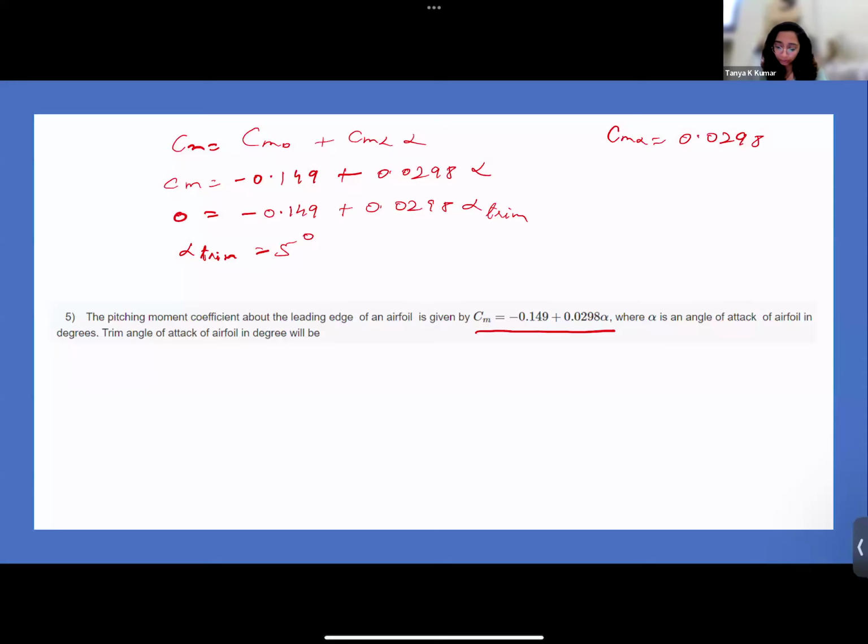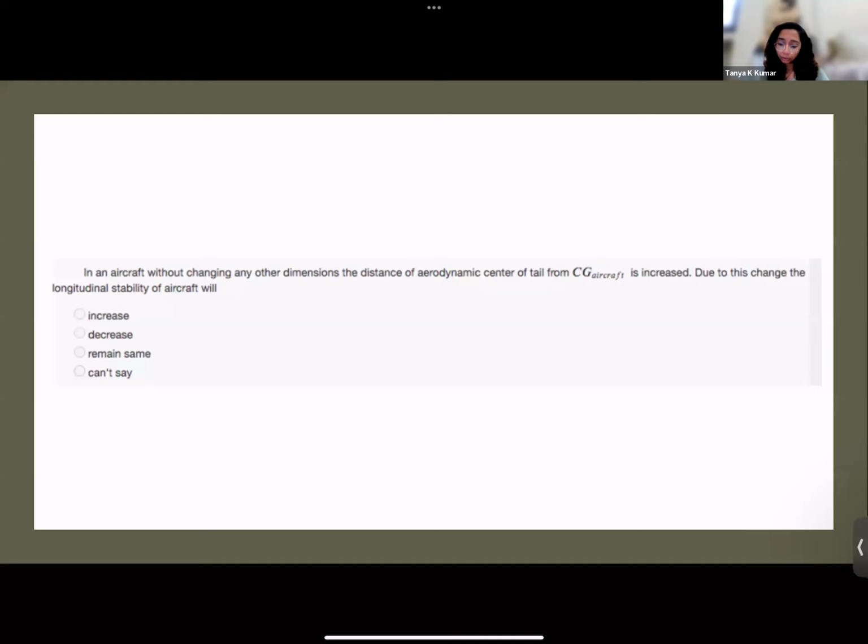Let's move to the next question. In an aircraft, without changing any other dimension, the distance of the aerodynamic center of the tail from the CG of the aircraft is increased. Due to this, the longitudinal stability of the aircraft will be. So they have changed this. What is this? This is LT, which is x AC tail minus x CG. So this distance is increased.